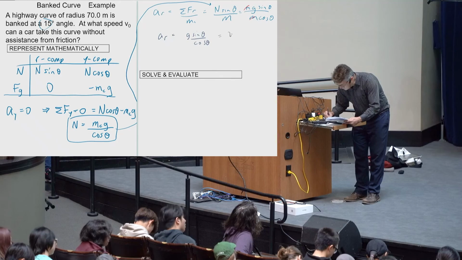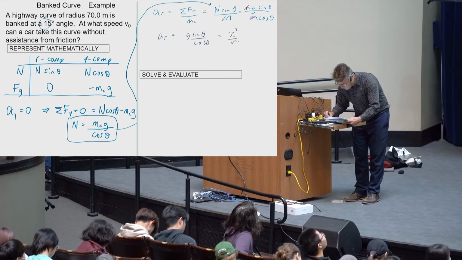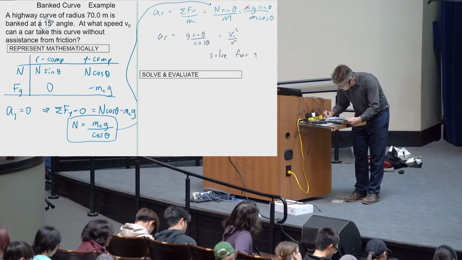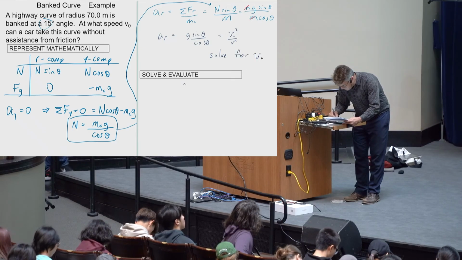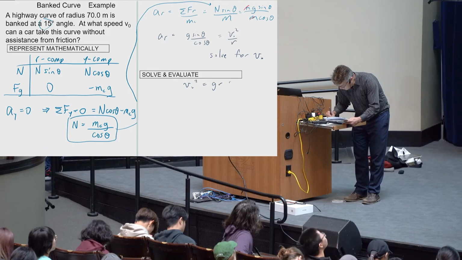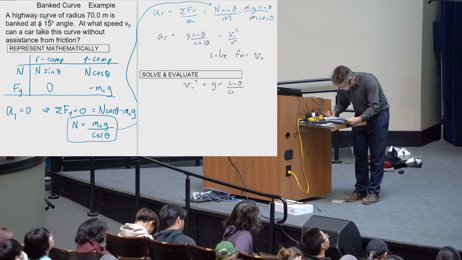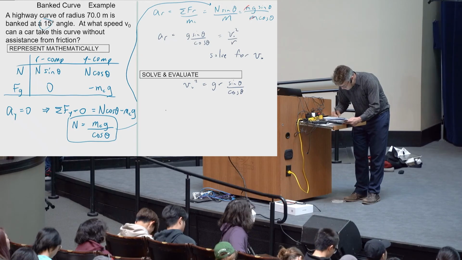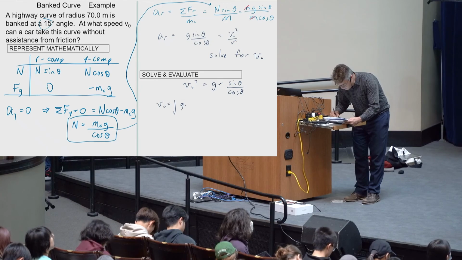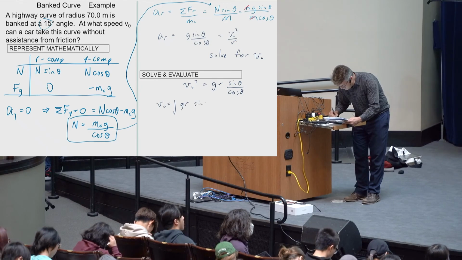And that's equal to v0 squared over r. And you just solve for v0. Solve for that needed speed so that you can go without friction. So v0 squared is equal to g times r times sine theta divided by cos theta. So v0 is equal to the square root of g times r times sine theta divided by cos theta.